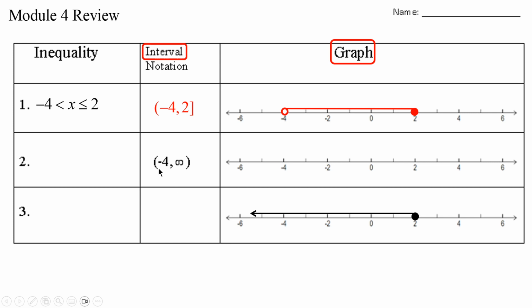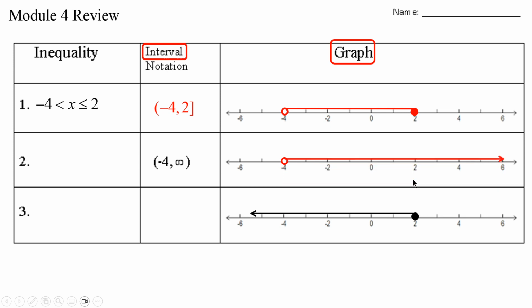Okay, now number 2, they start you with interval notation, so let's put this on the graph. This is the open interval from -4 to +infinity. So my left bound is -4, and it's an open interval, see the parenthesis, so I'm going to go open dot, and then I go all the way to infinity, which is not really a bound because infinity is not a number.